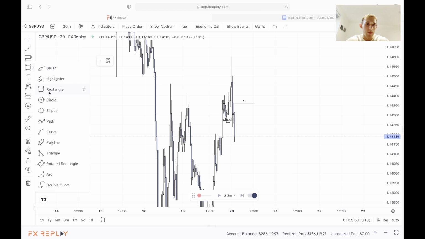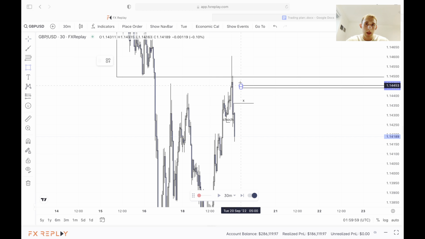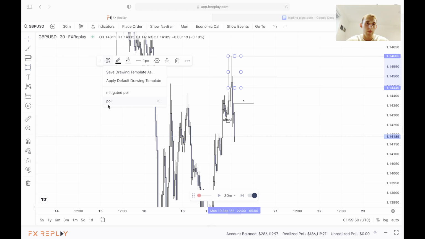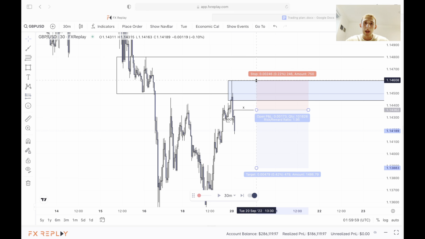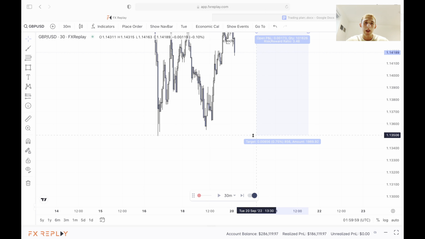And we also have a level of supply just above. So let's see if price comes all the way back. I'm going to just set the limit on the wick and target the low.